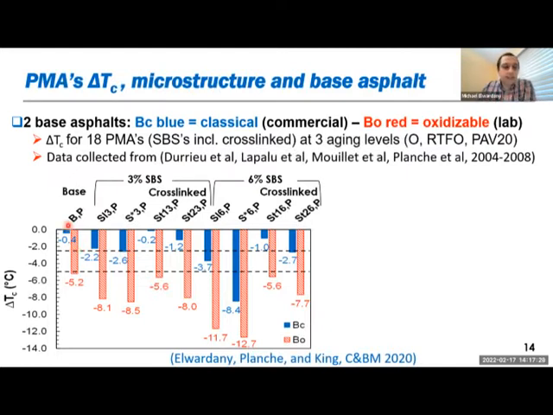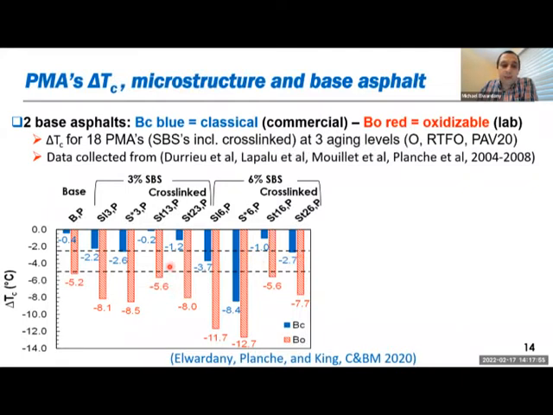The point here is that this is the base binder for the blue. It started with a good delta TC, minus 0.4, so that's good. It's above the minus 2.5 threshold. And then when we started to add 3% SBS or 6% SBS, that's the styrene butadiene styrene polymer, you can see that delta TC started to drop down.